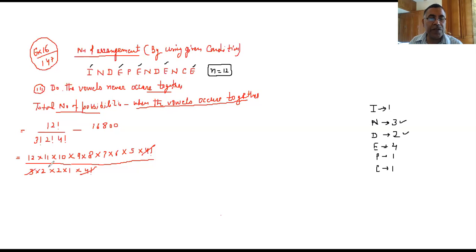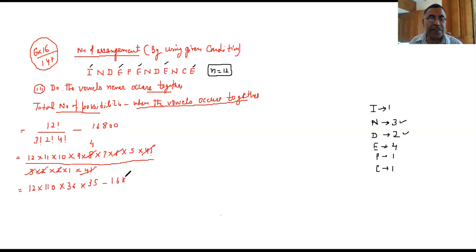So 3 × 2 is 6, 2 goes with 4. Then 12 × 11 × 10 gives 110, 9 × 4 is 36, 7 × 5 is 35.